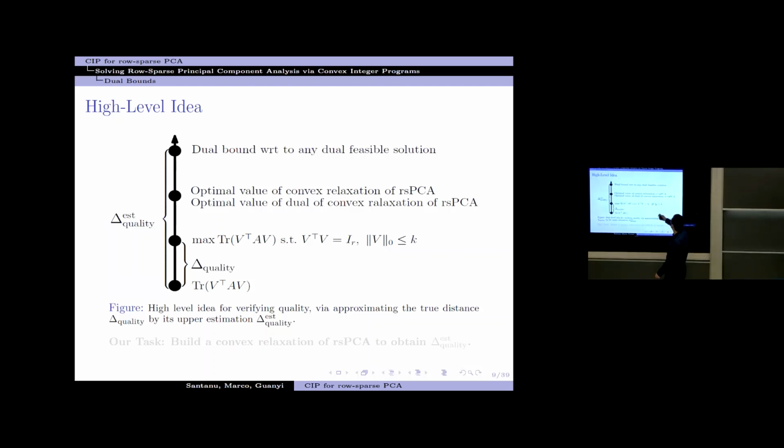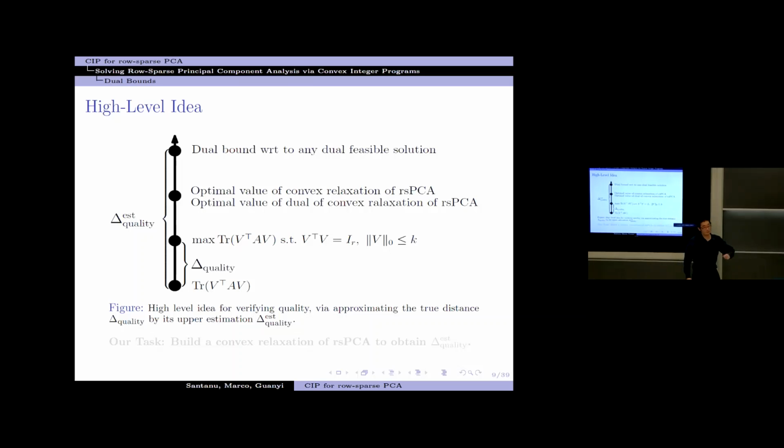So here's the high level idea. We have a feasible solution V, and we want to compute the delta quality for the optimal value. We try to consider the relaxation of the original problem, and we have a convex relaxation. Then due to the strong duality, the convex relaxation is equal to the dual of the convex relaxation.